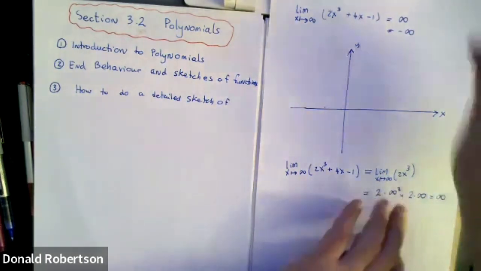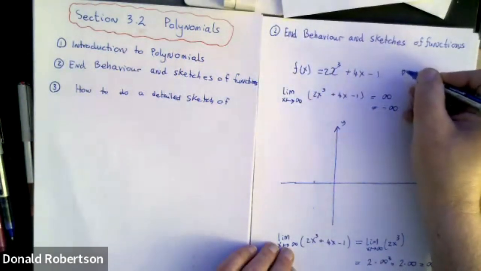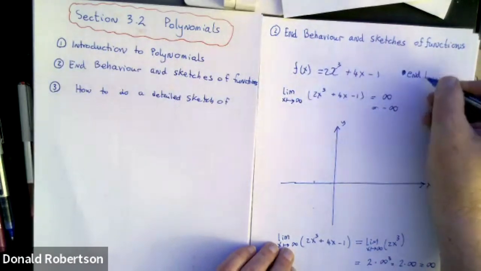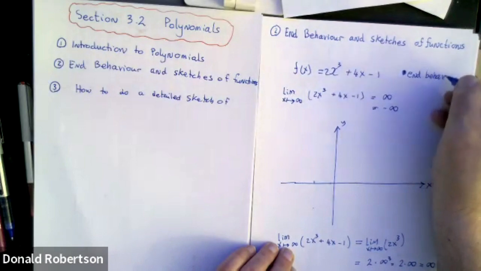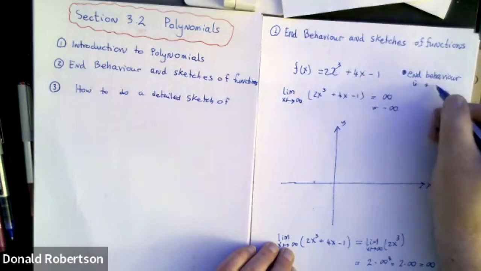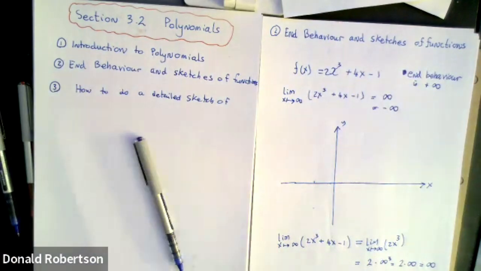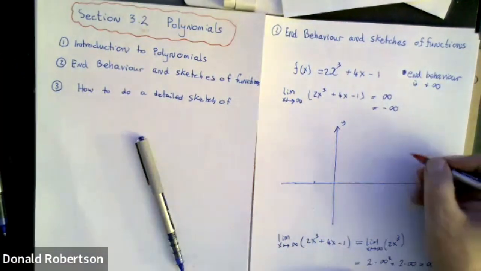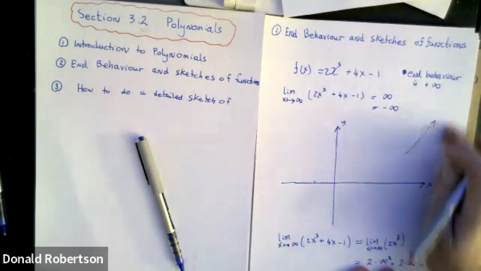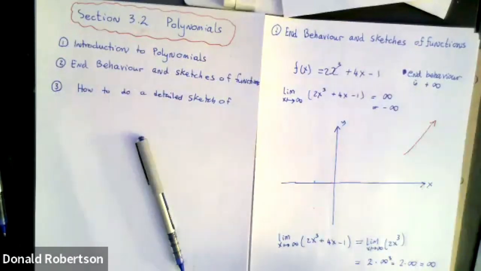So the end behavior of this is it goes to plus infinity. We don't normally put the plus in. So how can that be of use to me? Well, it basically tells me that as x gets bigger, the y value gets bigger. And so if x gets infinitely big, the y gets infinitely big.